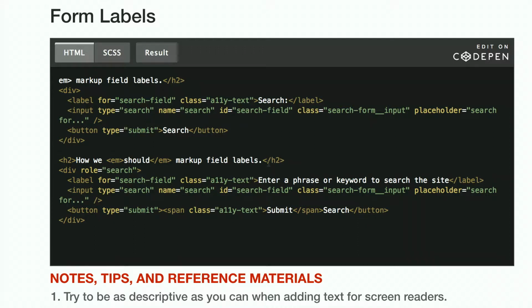Screen readers will read this as search, because it is a type of search. It will say search input, search for, search submit. So you know there's search stuff going on with this form, but that's how JAWS will read this form out to you when you tab into it and then tab into the button.